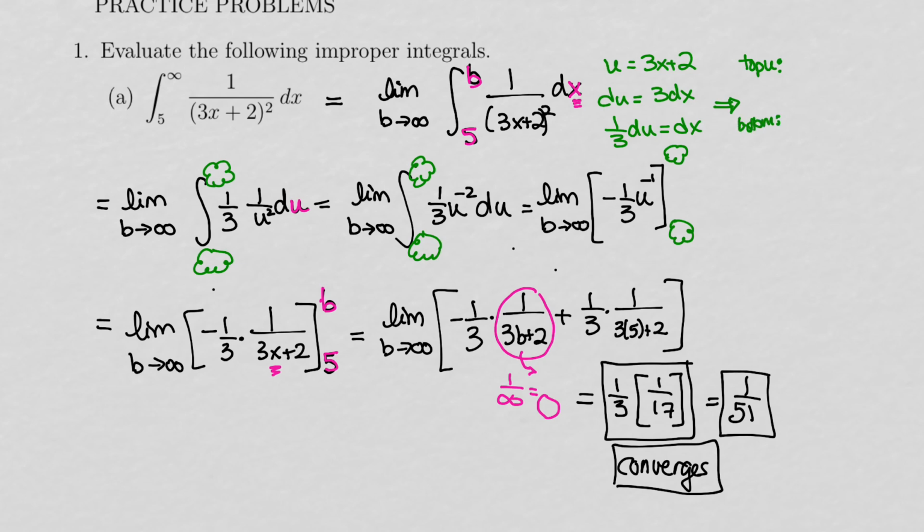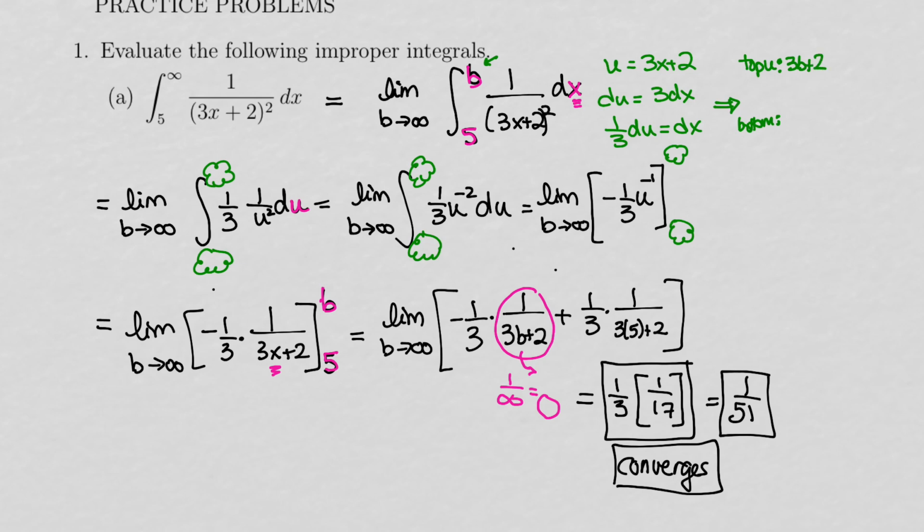We practiced a couple problems where we changed our limits. I remember doing it with pi over 2s. Do you kind of remember plugging some pies up here?